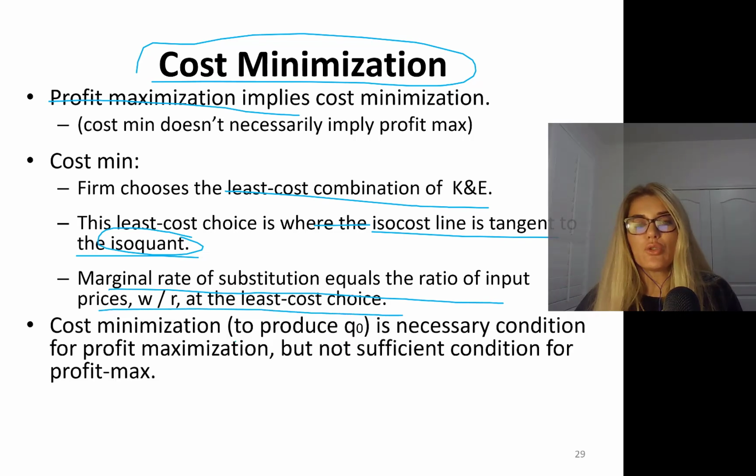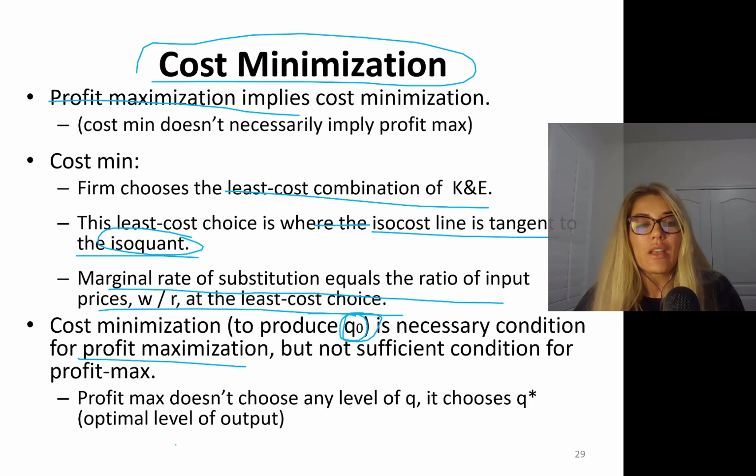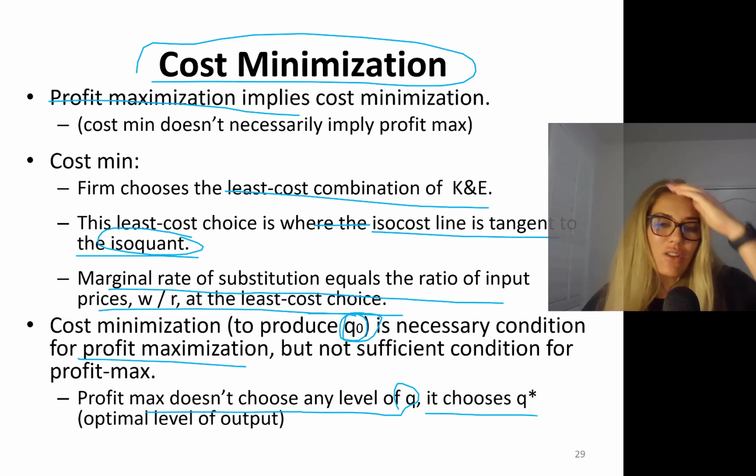Cost minimization to produce Q0 is a necessary condition for profit maximization, but not sufficient because we are trying to produce Q0 at the lowest cost. Is this Q0 Q star, meaning is it the profit maximizing level? So profit maximizing doesn't choose any level of Q. It chooses Q star, which means that's the best level of output.